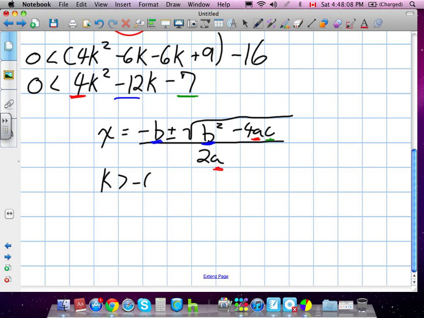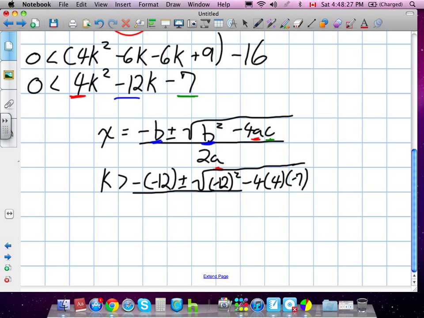Negative b, well, that's negative 12, plus or minus the square root of b again, negative 12 squared, minus 4 times a is 4 and c is in this case negative 7, all divided by 2 times 4.